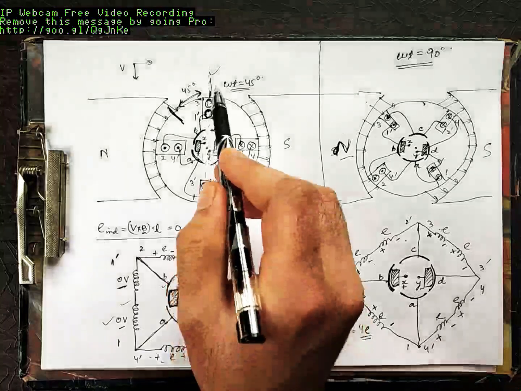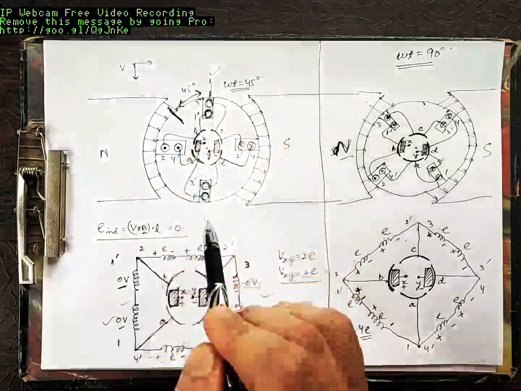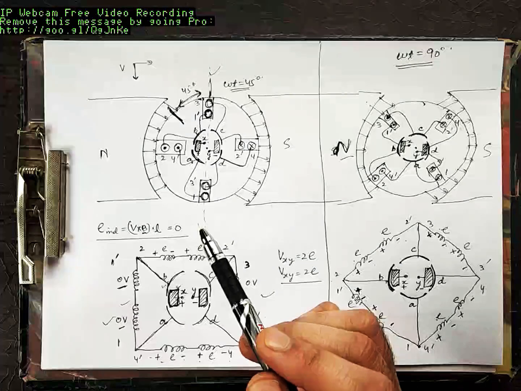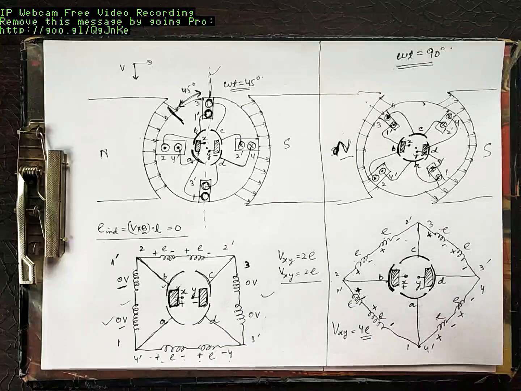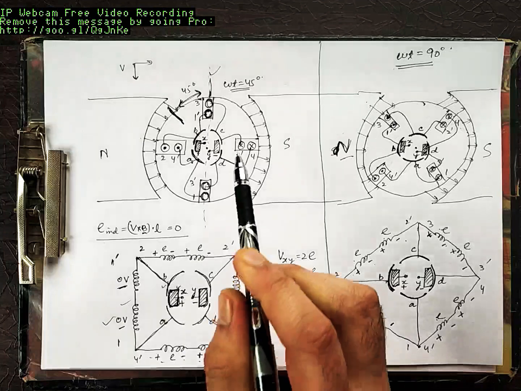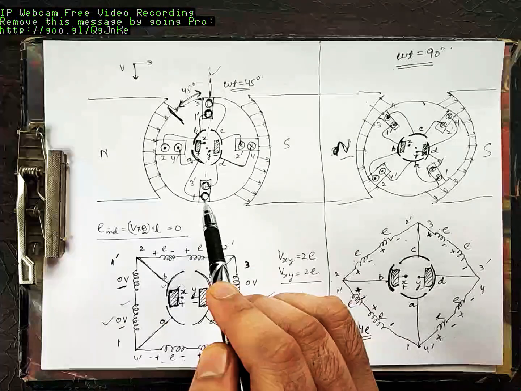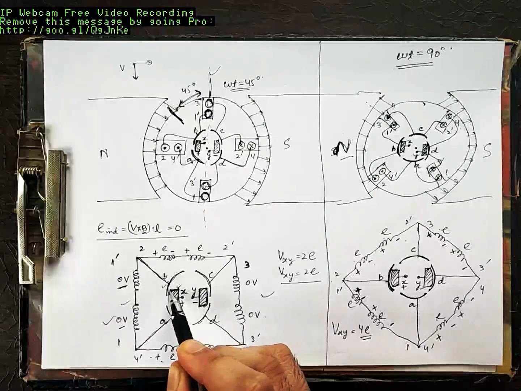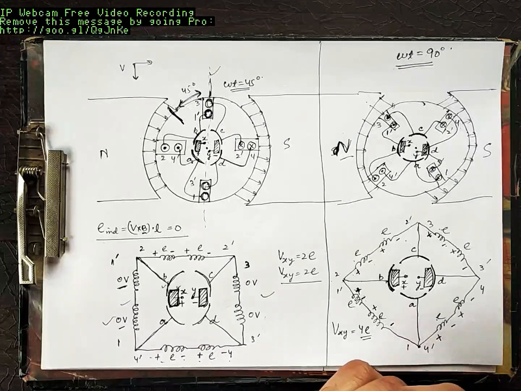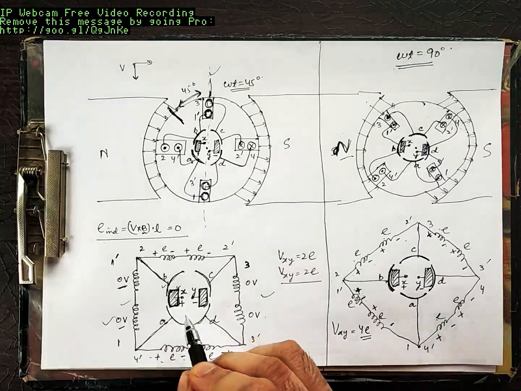Because coils 1 and 3 were in the neutral plane, or we can say the angle between V and B was 0. In short, voltage induced was 0 at this position. When voltage induced was 0 and you were short circuiting it, there was no problem. If you short circuit a coil which has 0 voltage induced across it, it won't create any problem.